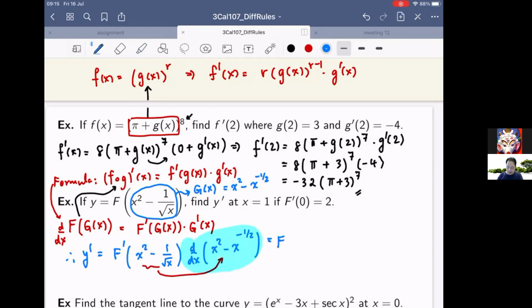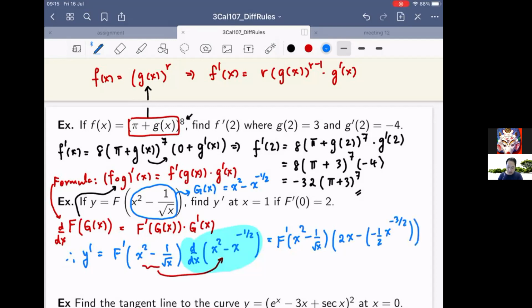Here you just copy. And then the derivative of x squared is 2x, and this one becomes negative 1/2 x raised to the power negative 3/2.